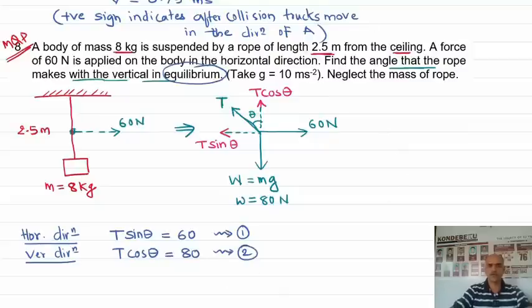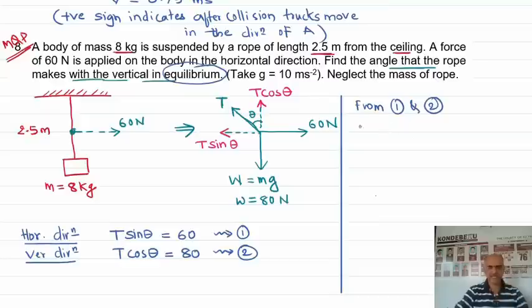Now equate both 1 and 2. If I divide those two, I will get the value of theta. So from 1 and 2, if I divide T sin theta divided by T cos theta is equal to 60 divided by 80.